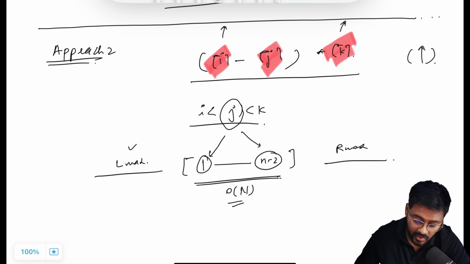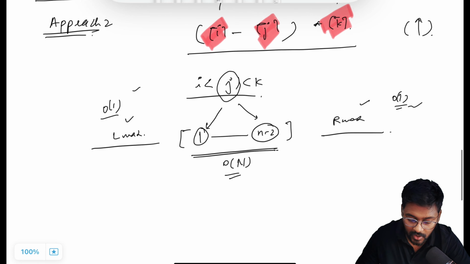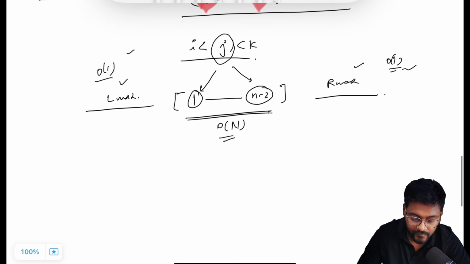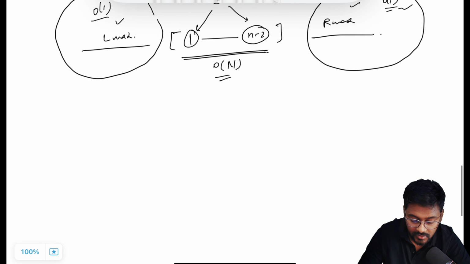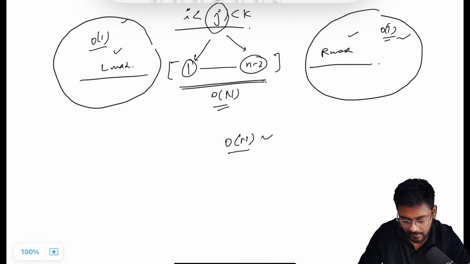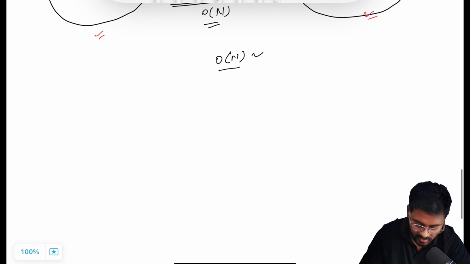And if somehow I am able to get these two values in constant time, I will be able to get the overall solution in order of n time, right? But how can I get these two values in constant time? See, there is only one word answer, that is preprocessing.